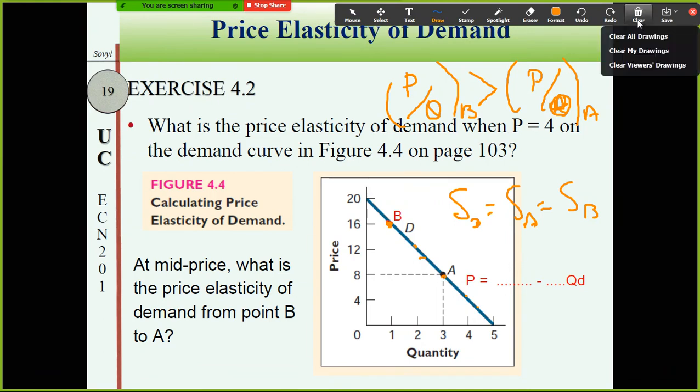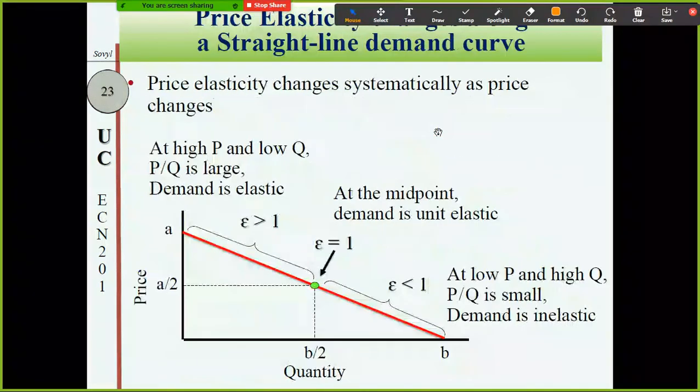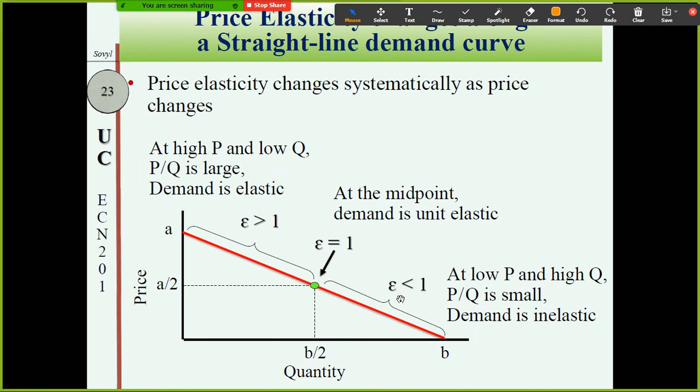Okay, this is a condition that we need to look at. The elasticity of demand does decline steadily as we move downward along a straight line. Decline means becoming what? Becoming inelastic. So in the upper area of the curve, price elasticity of demand tends to be more elastic, but down here it tends to be less elastic.